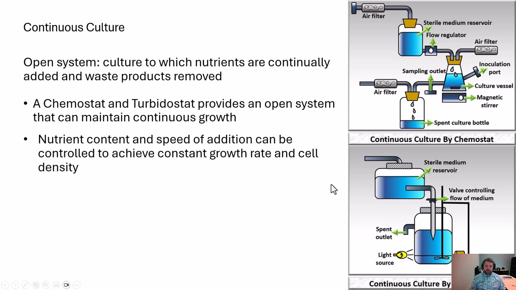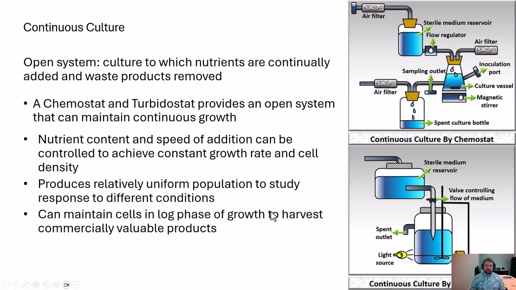Okay, so there's lots of things. Again, the nutrient content and the speed of the addition are all controlled, so it can give you a constant growth rate, or you can get a system where you're interested in the organisms always being in the exponential phase or always being in the stationary phase. And there are different reasons to do this.